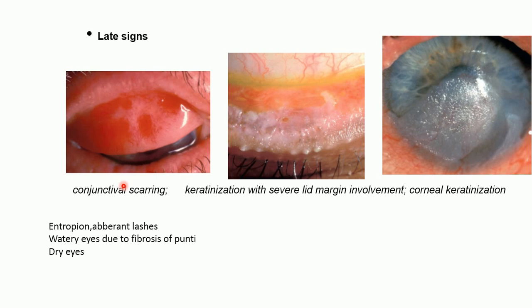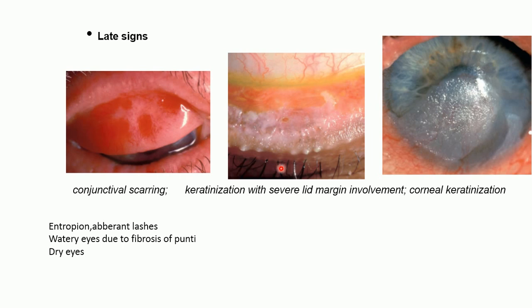Iritis is not infrequent. Panophthalmitis has been reported. Now the late signs: conjunctival scarring, conjunctival cicatrization, fornix shortening, symblepharon formation, keratinization of conjunctiva, keratinization of lid margins, abrasive plaque formation.